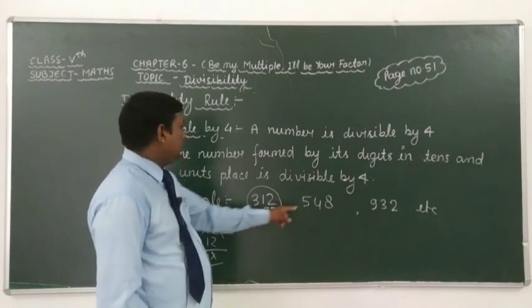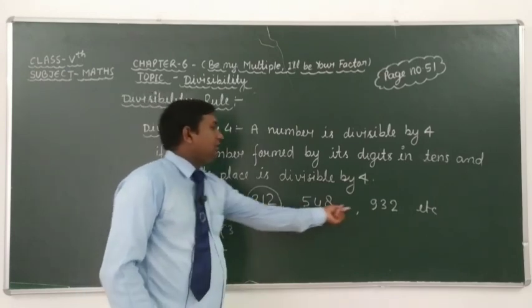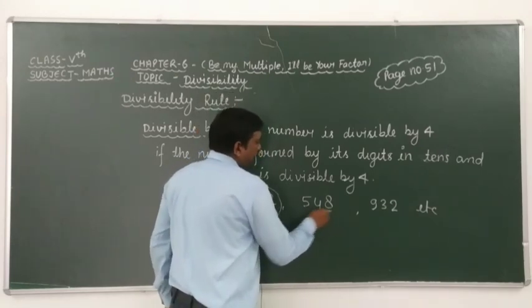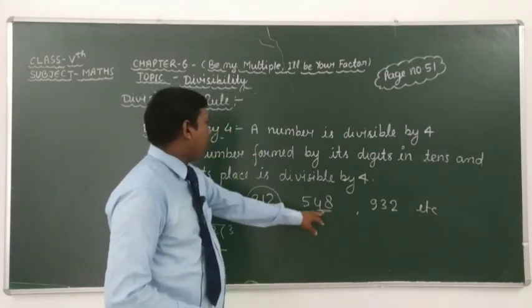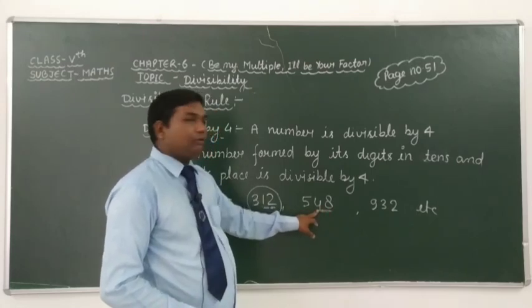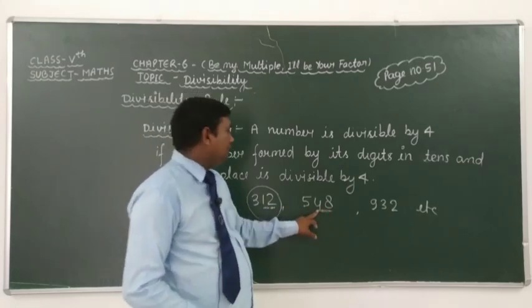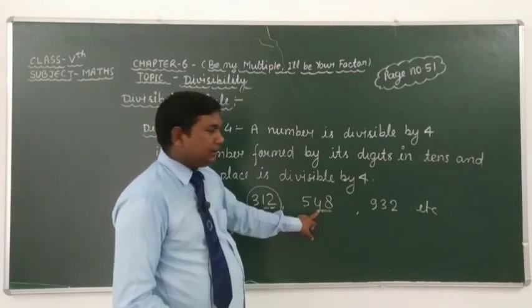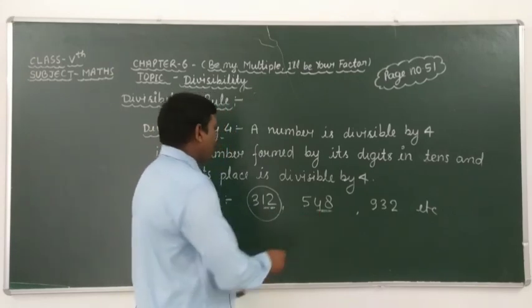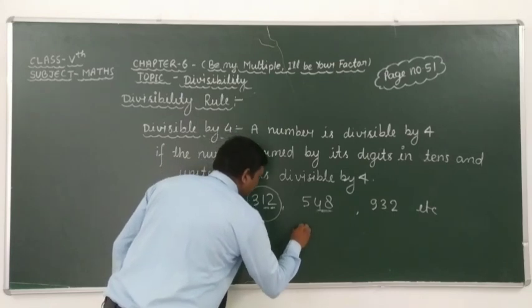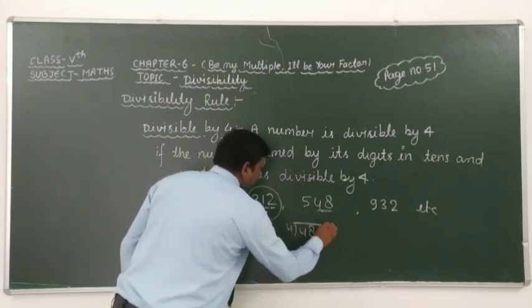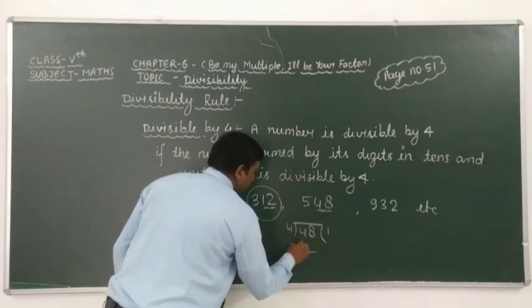Okay, students, similarly we can solve this. Look here carefully. Here the number formed in tens and unit place is 48. We know that 48 is divisible by 4, because 4 1s are 4, 4 minus 4 is 0.